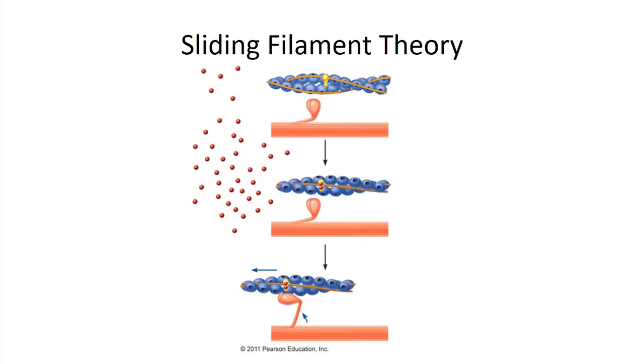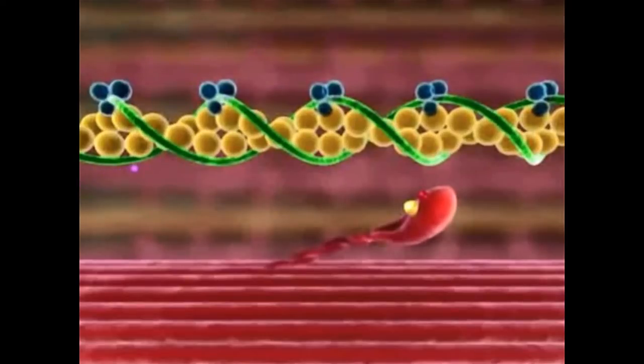Okay, time to shift gears and look at the sliding filament theory of muscle contraction, involving the thin and thick filaments discussed in the previous section. In resting skeletal muscle, the thick and thin filaments are uncoupled due to the presence of tropomyosin blocking the myosin binding site on the actin monomers.